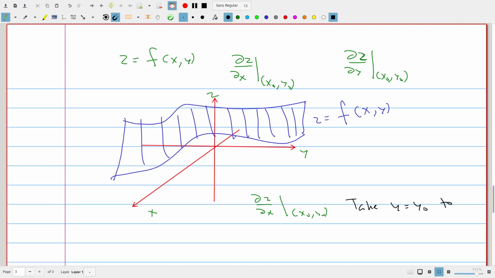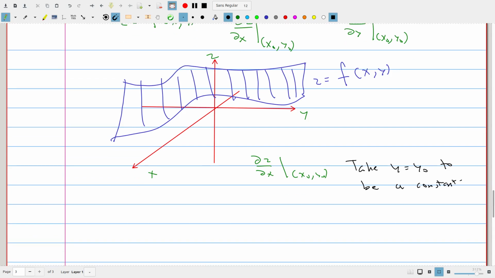So what does that mean? You're essentially finding the intersection of a curve of the plane y equals y naught with the surface.